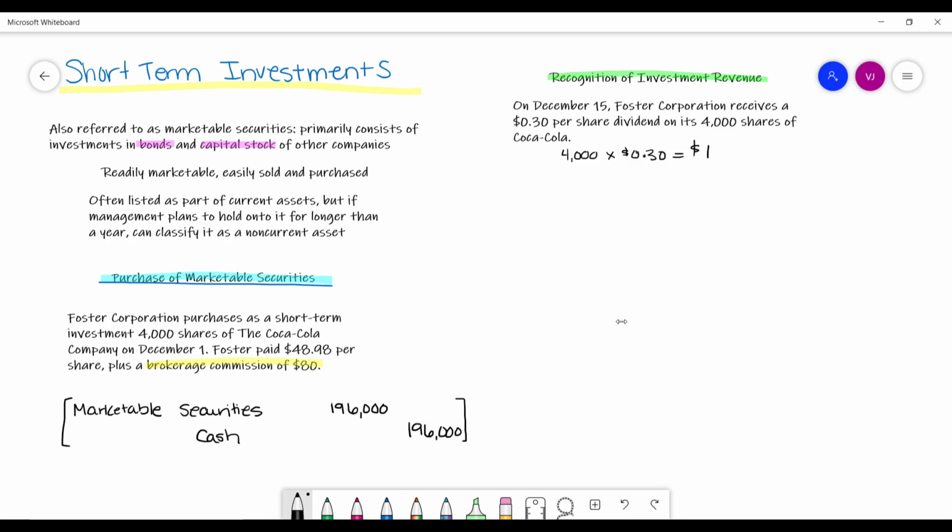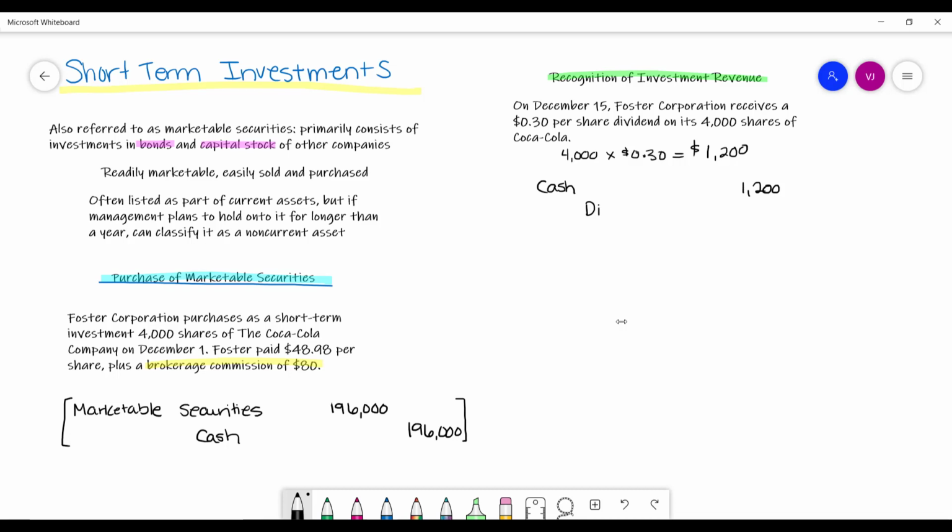Take those 4,000 shares times 30 cents. That's $1,200 of dividends, which is going to be received in cash. So we want to debit cash for $1,200. And we're not going to credit dividends, because the account dividends refers to dividends we have declared to our stockholders. So you want to make sure you're debiting or crediting the correct account.